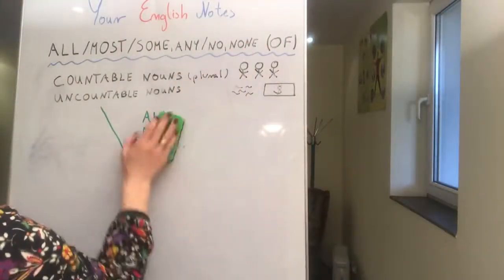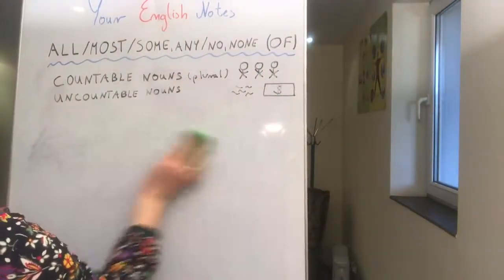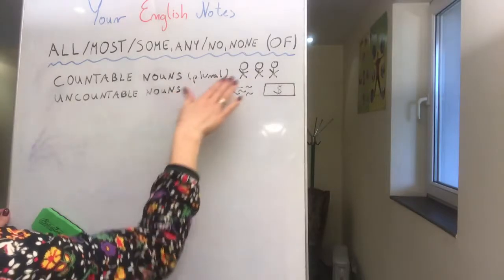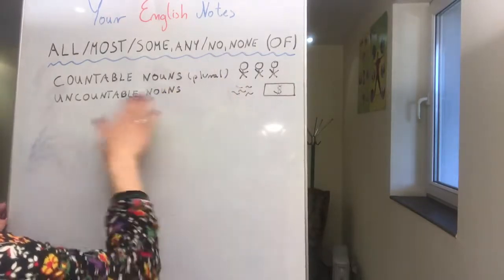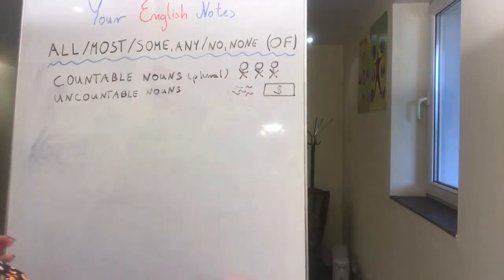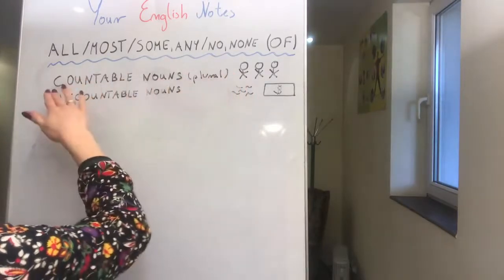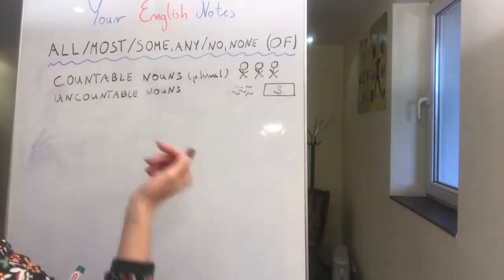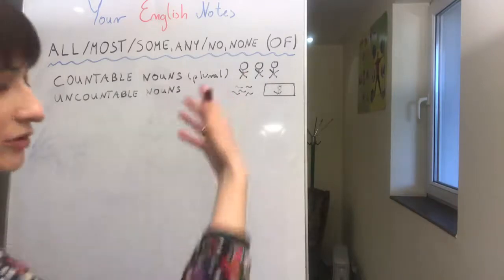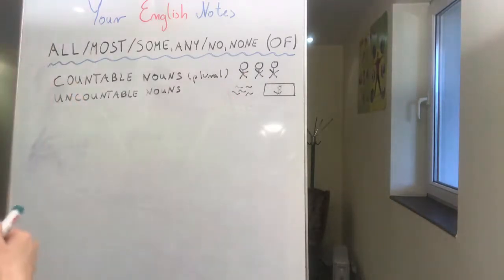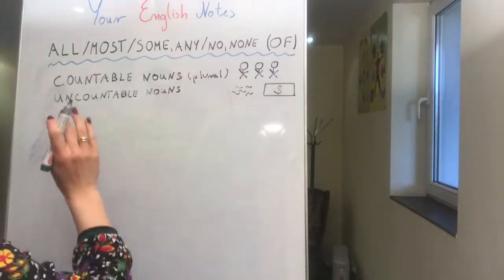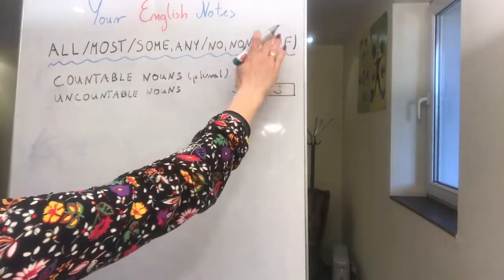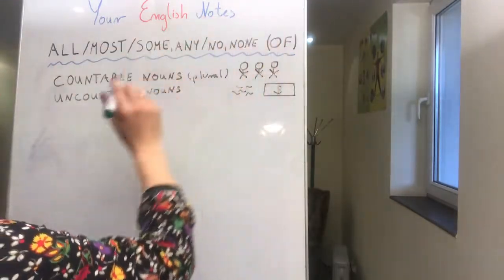As you remember, we use all of these words when we talk about countable nouns, but in plural, and uncountable nouns. And we have got some examples of countable nouns, students, and uncountable nouns, water or money. And look, when do we use these words with of and when do we use them without of?